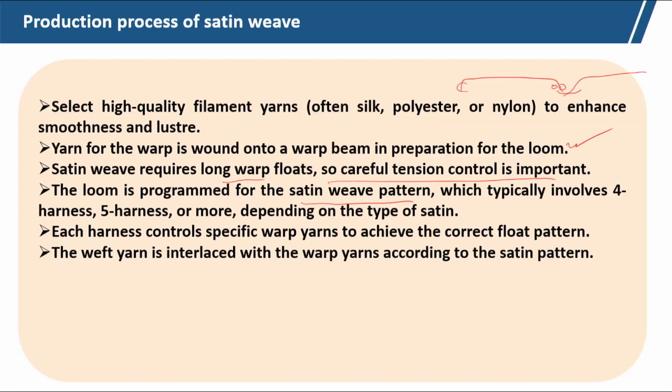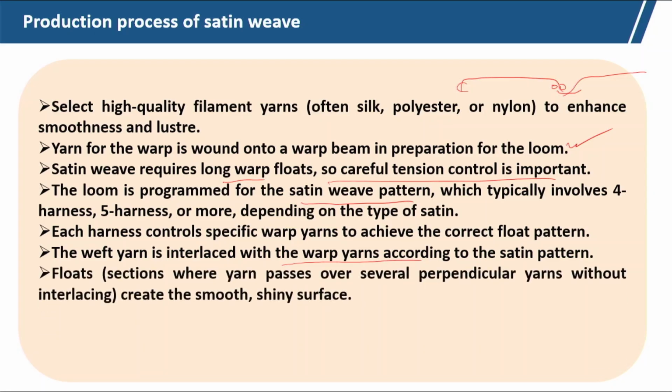The weft yarn is inserted with the warp yarn according to the satin pattern. The floats are the sections where the yarn passes over several perpendicular yarns. If the perpendicular yarn is warp, that means the weft yarn passes over several warp yarns, which is a float.